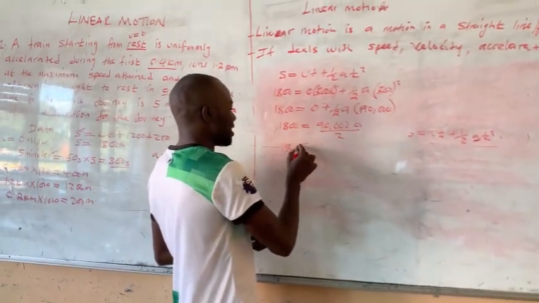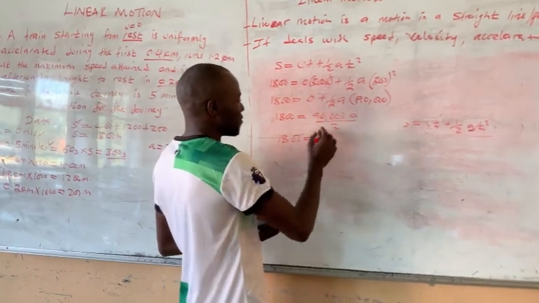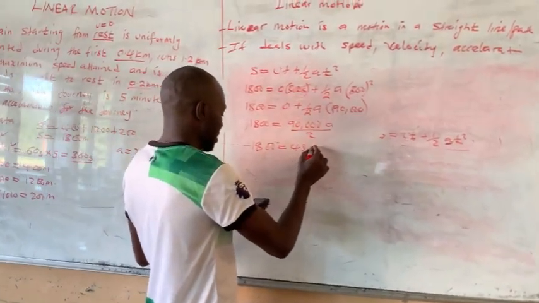So 1,800 will be equal to 90,000 a over 2. When you divide that, you get 45,000 a.